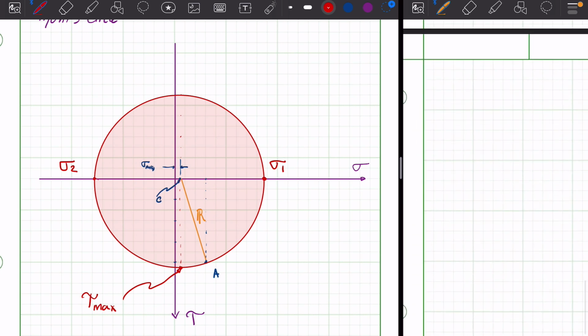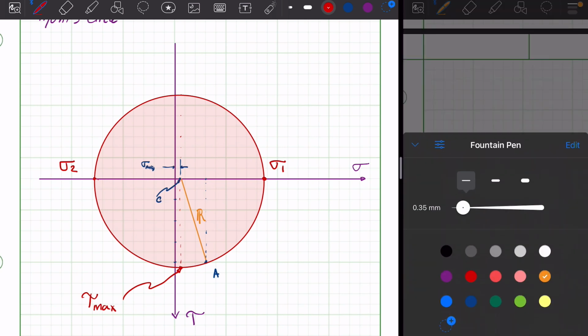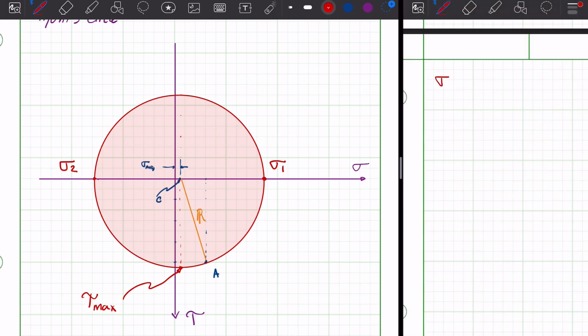If you wish to calculate that one, it'll be, as you imagine, pretty straightforward. So looking at the graph here, I'm going to change the color to match it. The first principal stress is simply sigma average plus the radius. The second principal stress would be sigma average minus the radius. And the maximum in-plane shear, of course, then is simply the radius. Just watch out for your signs depending on the location that you are dealing with.